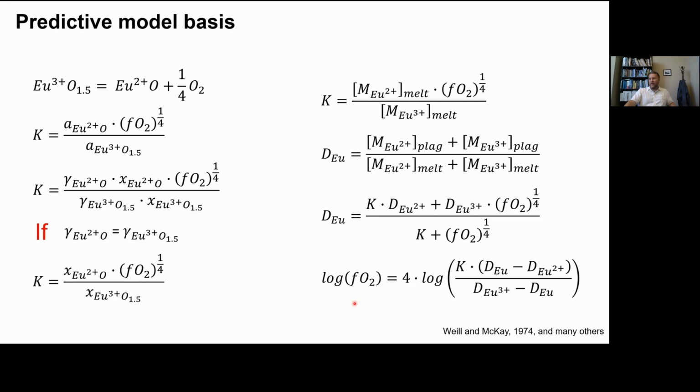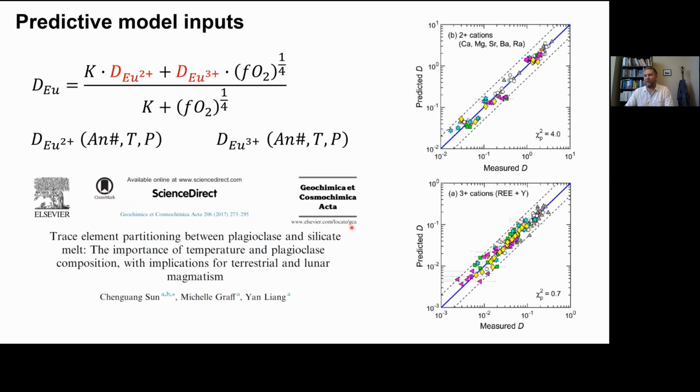That's something I've done looking at plagioclase-hosted melt inclusions for mid-ocean ridge basalts. And I think there are a lot of potentially fruitful results that could come from doing the same thing to lunar melt inclusions. But anyway, in this talk, mostly I'm going to be working with this equation.